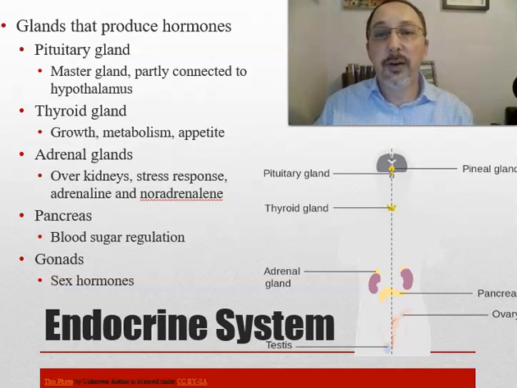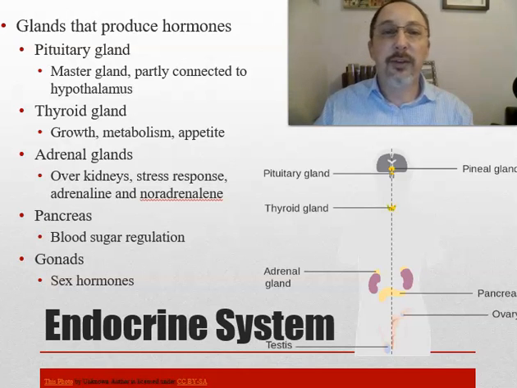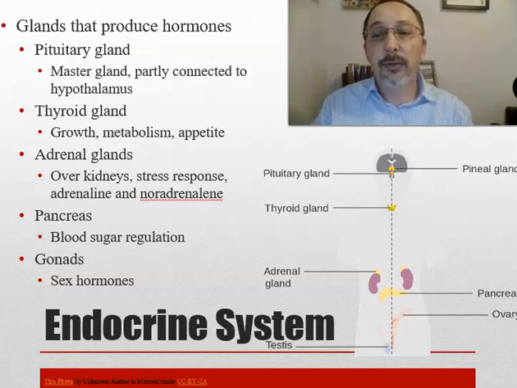And so your pituitary is basically kind of commanding the rest of these and communicating with them through hormones. The thyroid is releasing growth, metabolism, and appetite-related hormones. The adrenals are situated over the kidneys, involved in stress response, adrenaline and noradrenaline, which are neurotransmitters. The pancreas is regulating blood sugar, and the gonads are regulating our sex hormones.